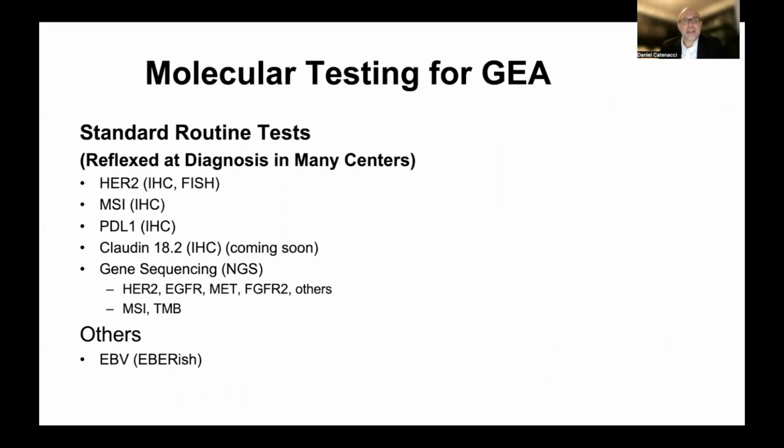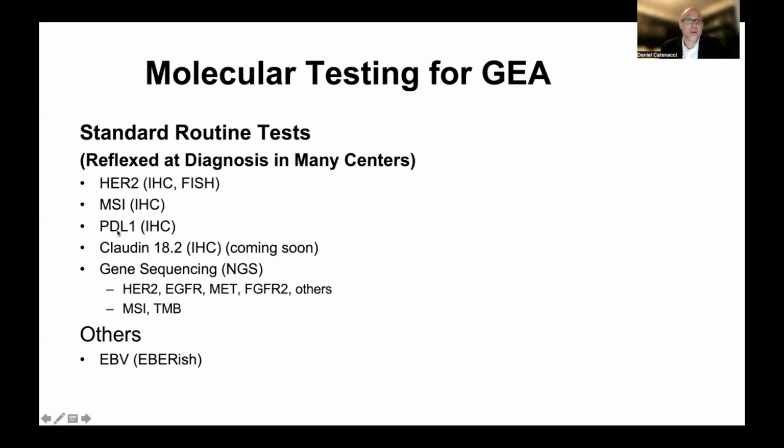And then finally, at the time of diagnosis, there are a number of standard routine molecular tests that are performed. We're going to have dedicated videos later about these, but just to be complete here, because many of these tests are just done routinely by the pathologist at the time of diagnosis when they see that there's an esophagus or stomach cancer, and that includes HER2 testing, MSI testing, PD-L1 testing.